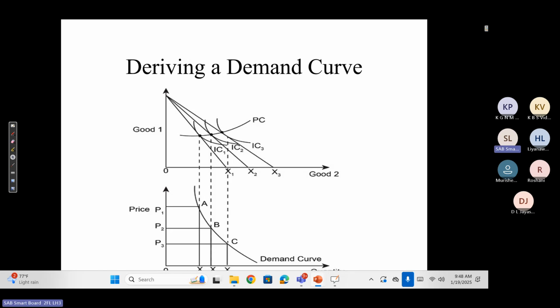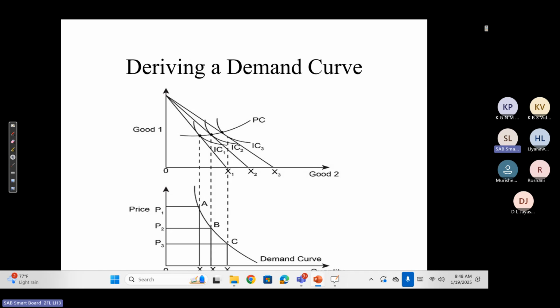Now you need to think about how to explain this. Starting from the initial equilibrium, this is the quantity a particular person demands or consumes at that point. Then price decreases. You can assume the price decreases P1, P2, P3 like that. When the price decreases from P1 to P2, real income increases and you can consume more of the product.